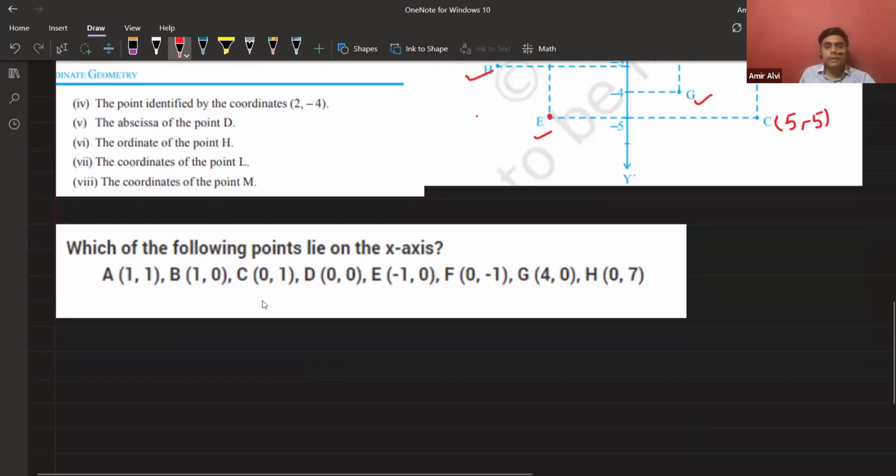So Simrat, tell me, for this kind of question, if you have 1, 1 and B equals 1, 0, which points are lying only on the x-axis, which means the ordinate will be 0?